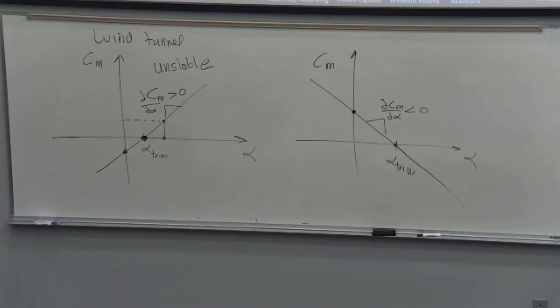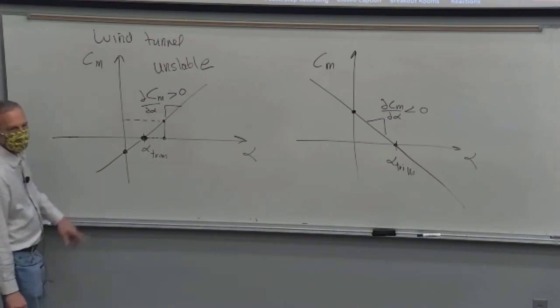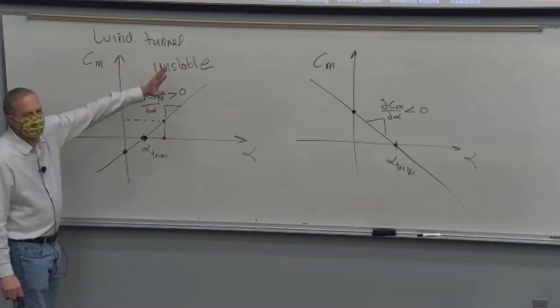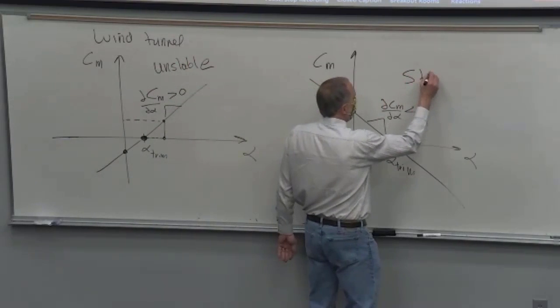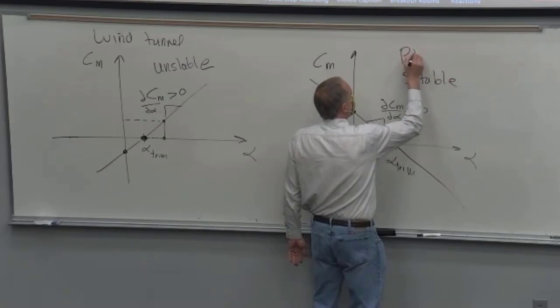And that's true because if you have a positive alpha trim, then your intercept's going to be on one side or the other. Forget that. I want you to just look at the slope. If the slope's positive, you're unstable. If the slope's negative, you're stable. And here we're talking about pitch stability.